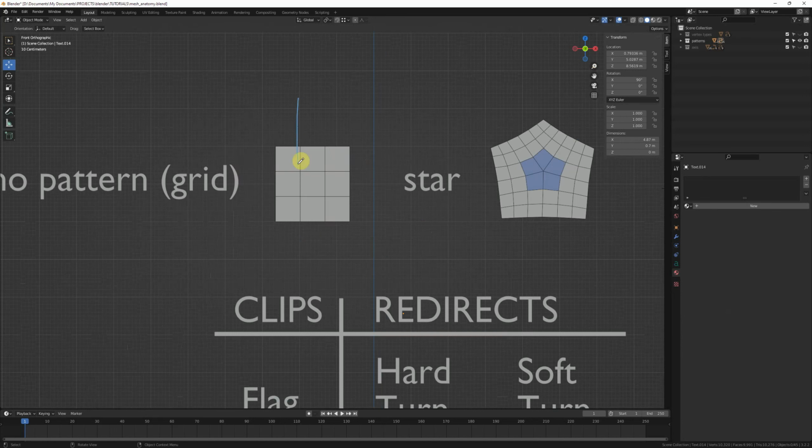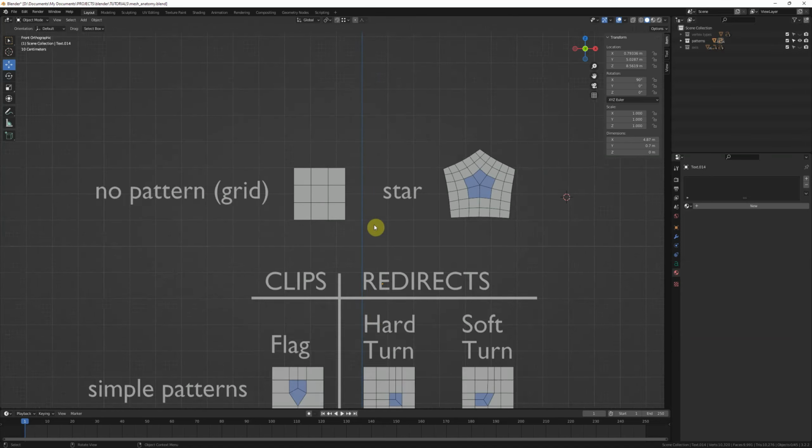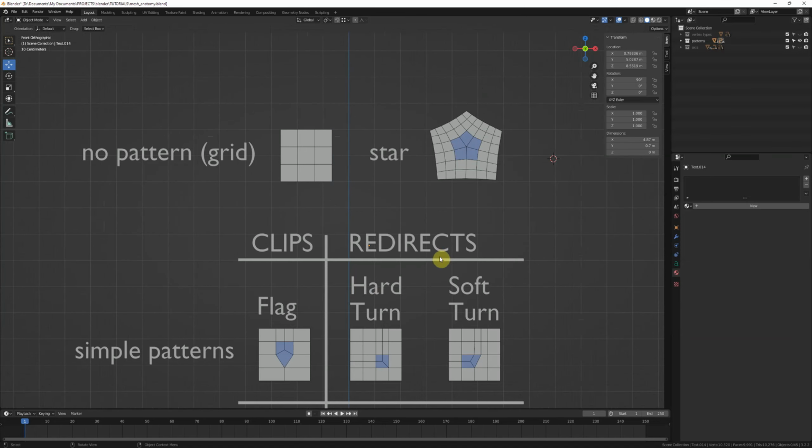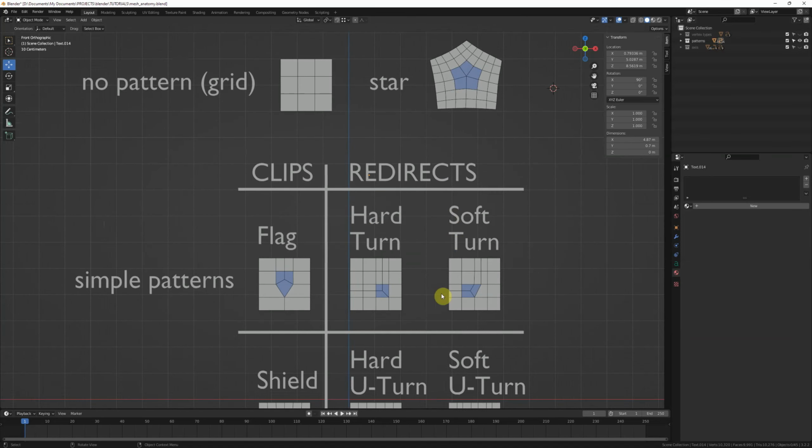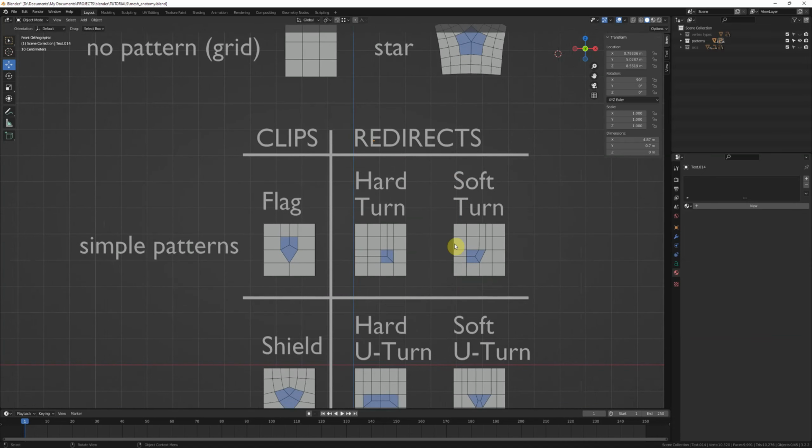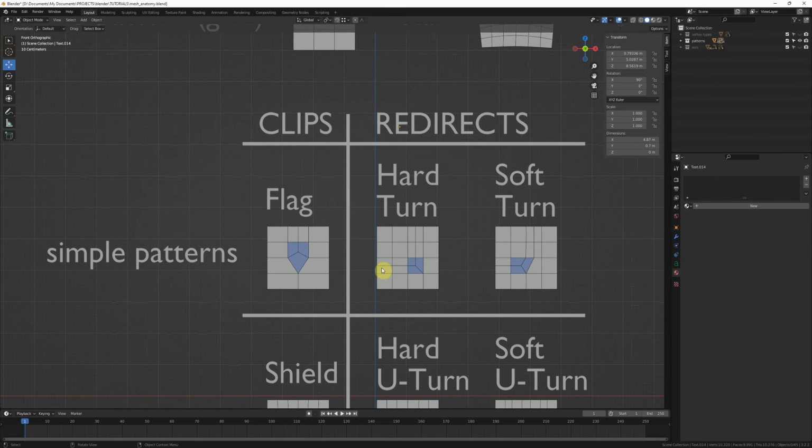So either you have too many up here and just one down here, but it has to be along one axis, even if it's diagonal. And then a redirect is a combination of more than one. So essentially the shapes you get will be a little bit different. That's why it's of importance.